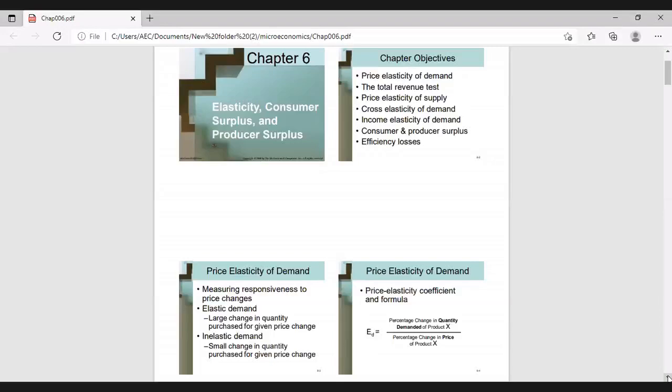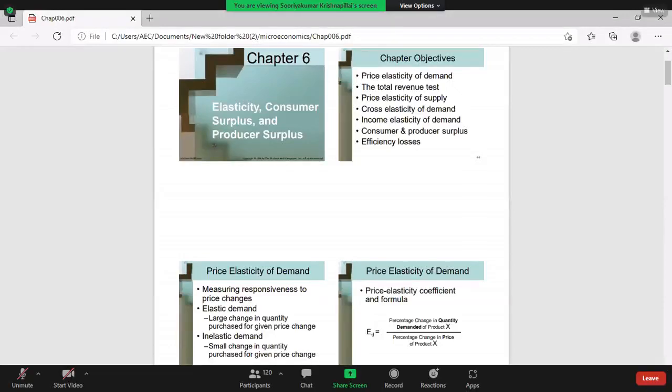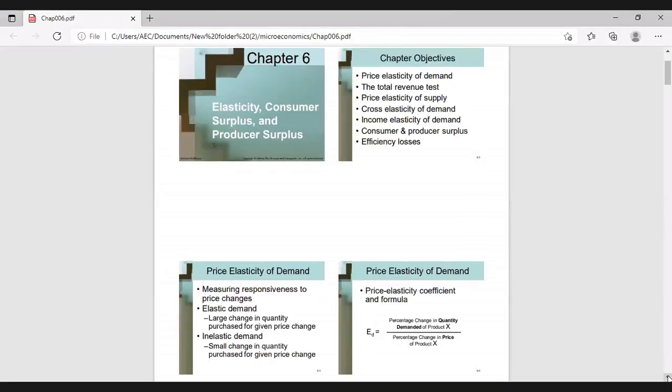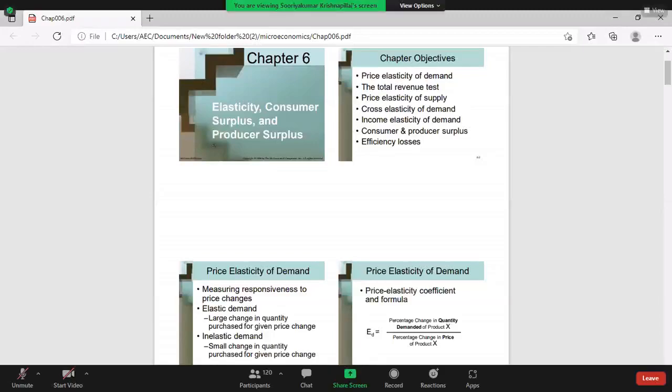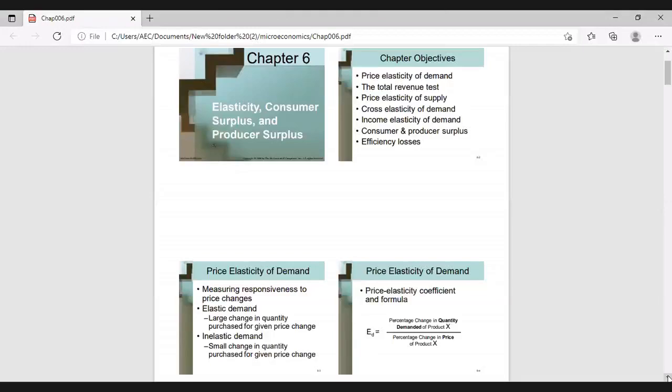But when we measure the percentage, we have a problem, because we measure the change in quantity divided by the original quantity, or the percentage change in price over the initial price. So if the price increases from 4 to 5, that means a 1 rupee increase from 4.